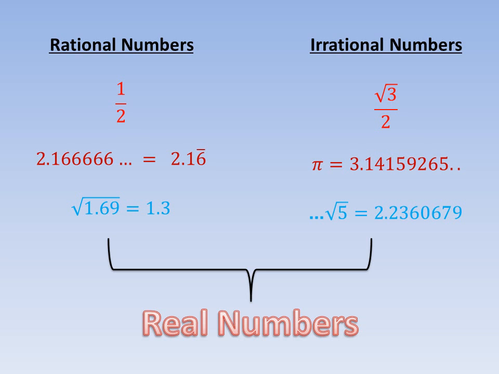It is an infinite decimal number, which means it is an irrational number. But all these numbers are real numbers, because the real number is the union between the rational number and the irrational number.